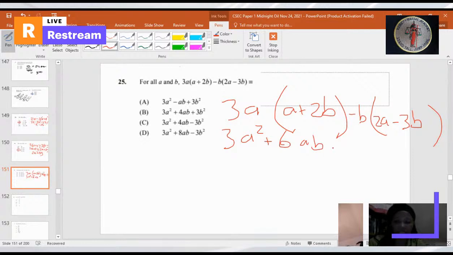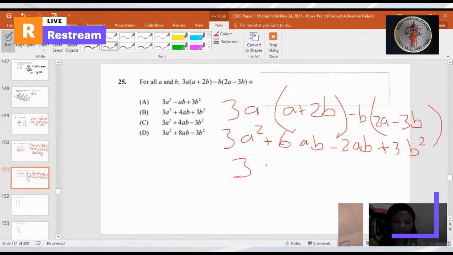Negative b times a is negative ab. Negative b times negative 3b is positive 3b squared. So we have 3a squared.